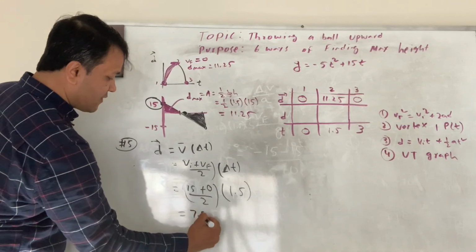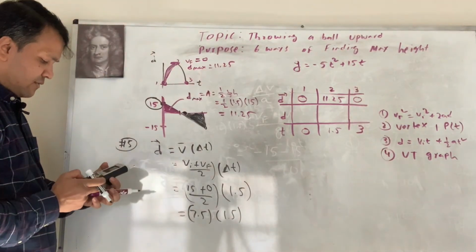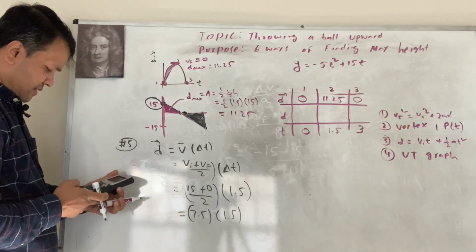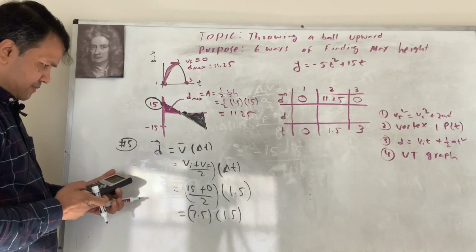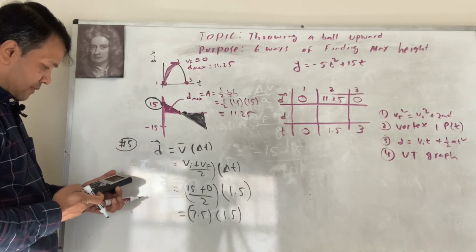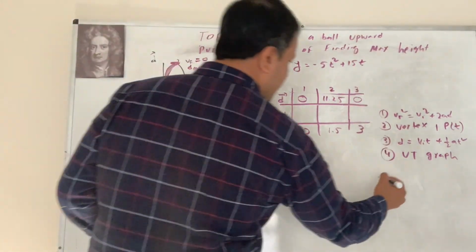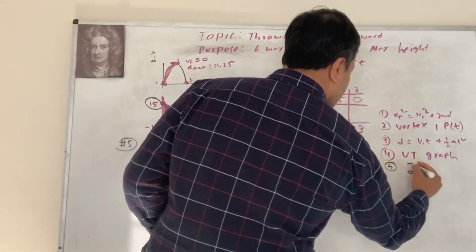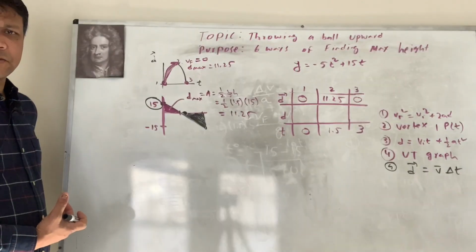So 7.5 times 1.5. Let's verify: 7.5 times 1.5 is 11.25. So this equation is going to give you the same result. Alright, we can find the maximum displacement 5 different ways.